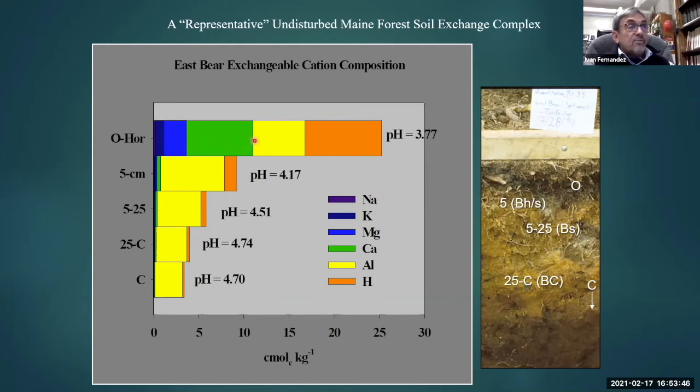In forests, the roots of the plants are really relying on this O horizon for a lot of the available nutrition. Because, as you can see, even though the pH is higher at depth, the exchange sites are almost totally dominated by aluminum. This yellow is aluminum.